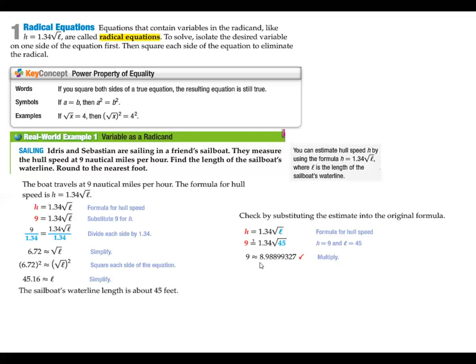That's not exactly equal to 9 because I didn't put the exact answer in there; I put my estimate in. My estimate comes out to a number very close to the 9 that was given, and that's what an estimate is: a number very close to the exact answer. Had we put 45.16 in, it would have been a little more accurate.